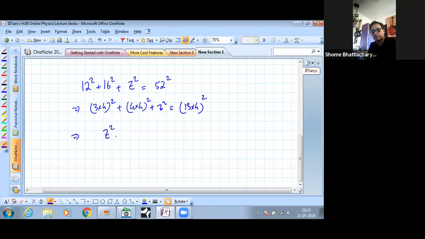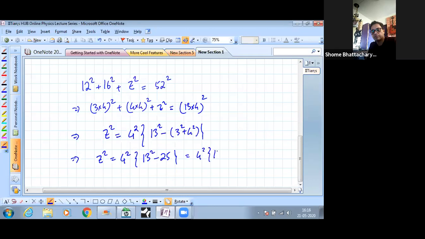So z squared is equal to 4 squared, if you take it common, times 13 squared minus 3 squared plus 4 squared. So z will become 4 into 12.